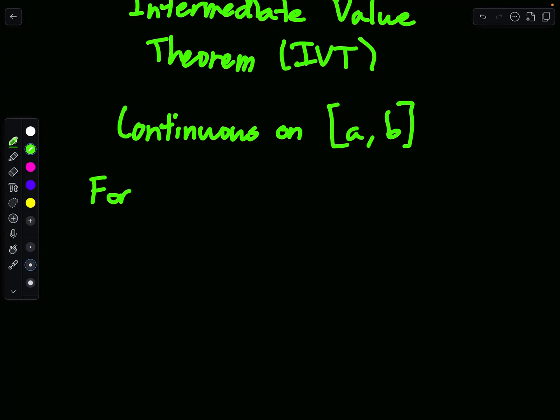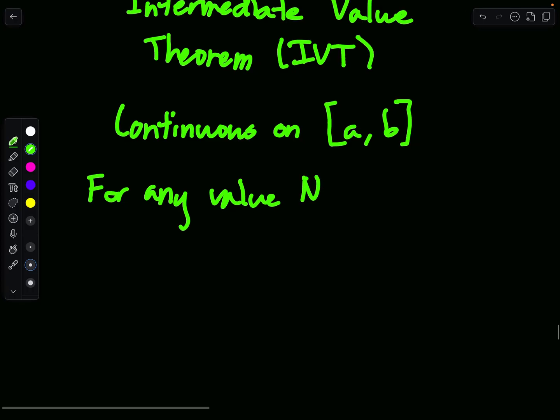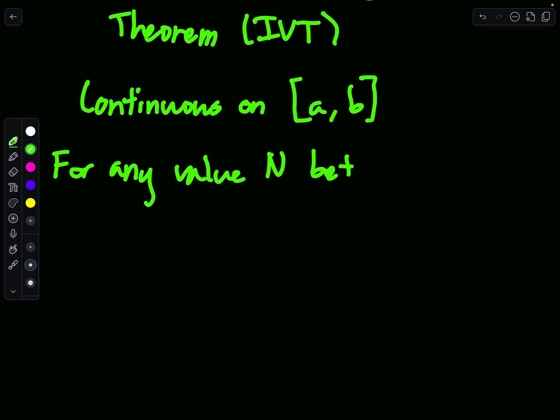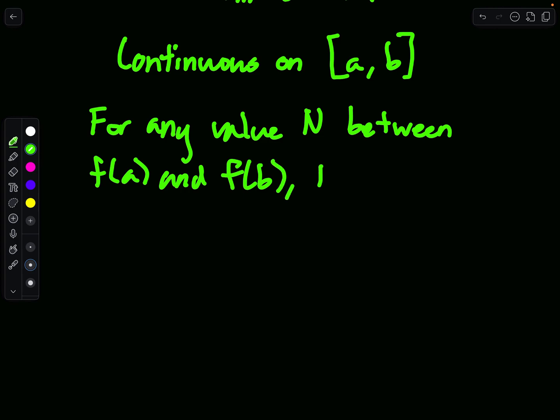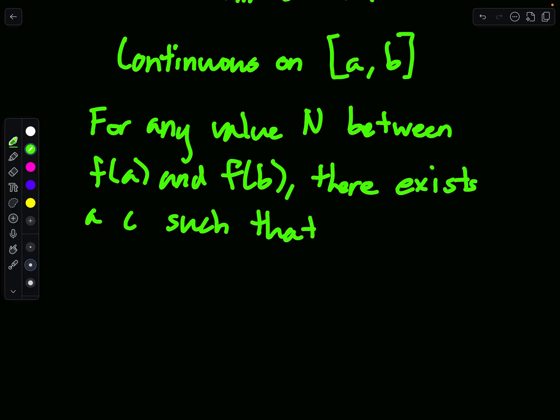So for any value n between f(a) and f(b), there exists a c such that f(c) equals n.